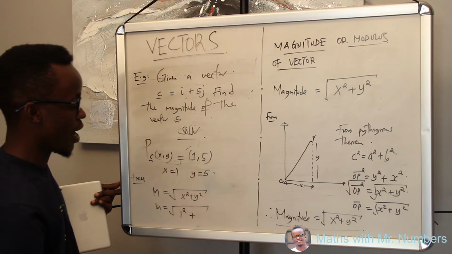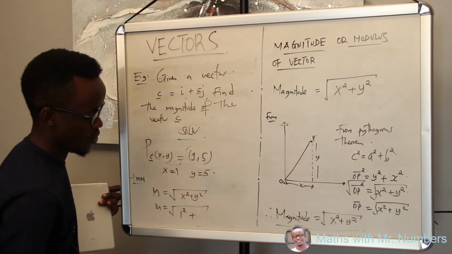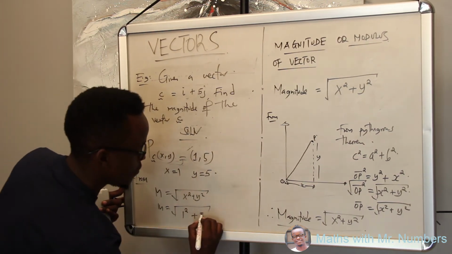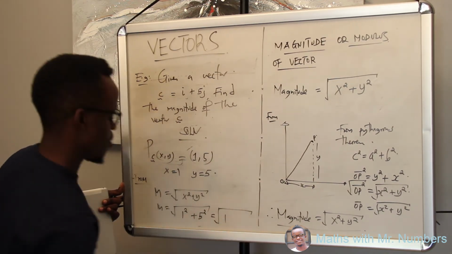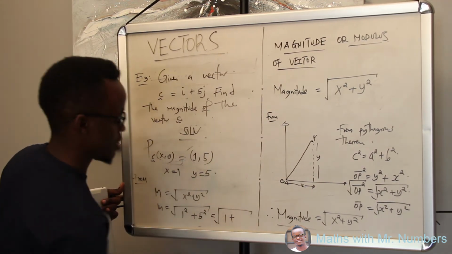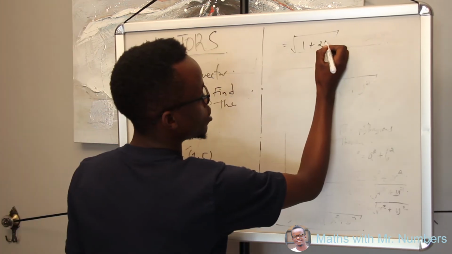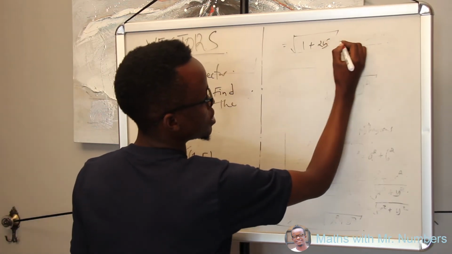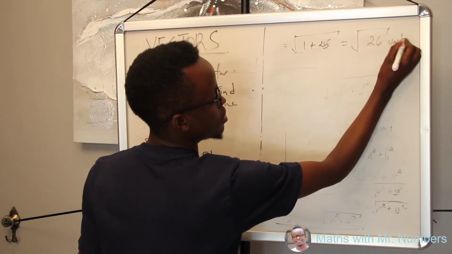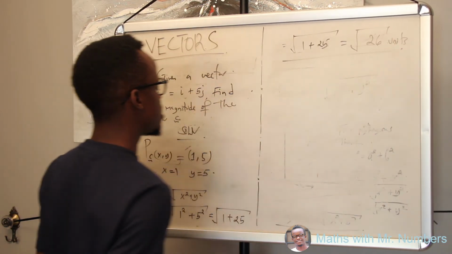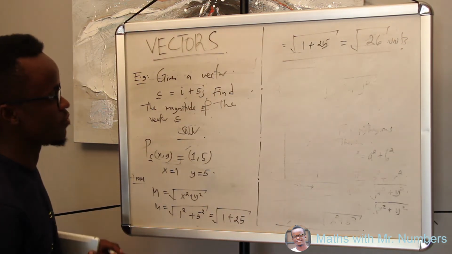Again, having y equals 5, you substitute it, so you have 5 squared. 1 squared is 1, plus 5 squared is 25. Therefore you have the square root of 26. You write here units: root 26 units. This is how to find the magnitude or modulus of vectors.